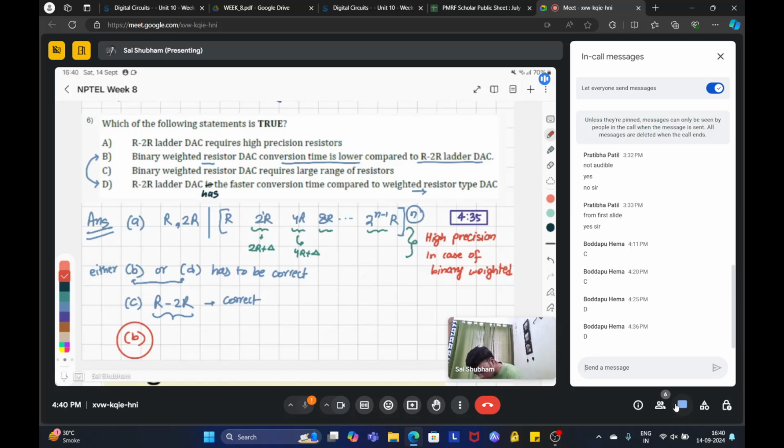So option D is correct according to me. The reason is that option D is also correct.